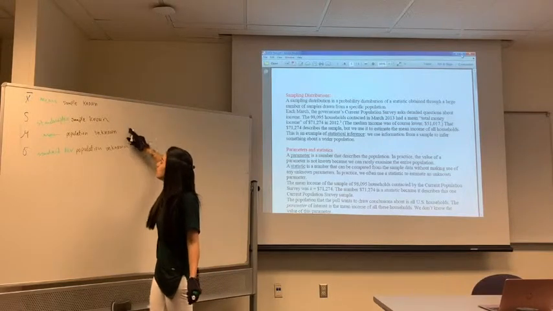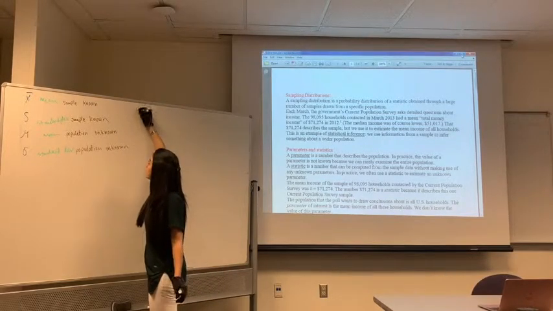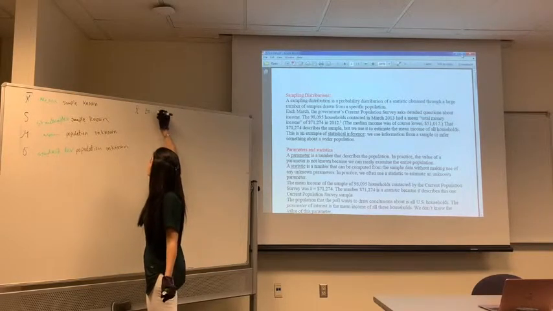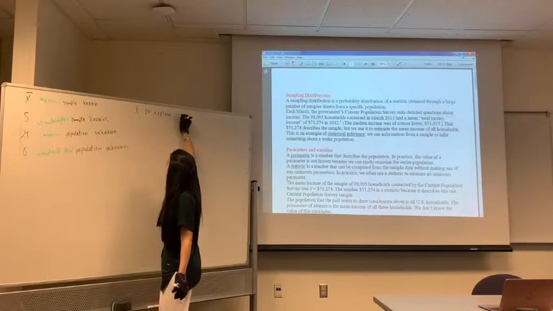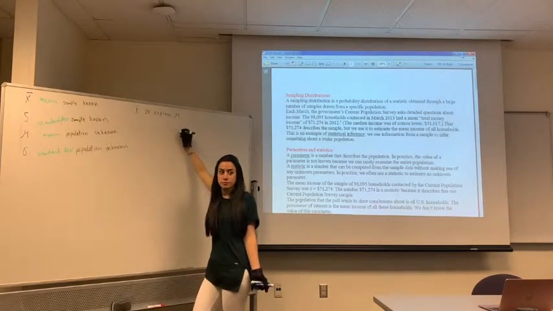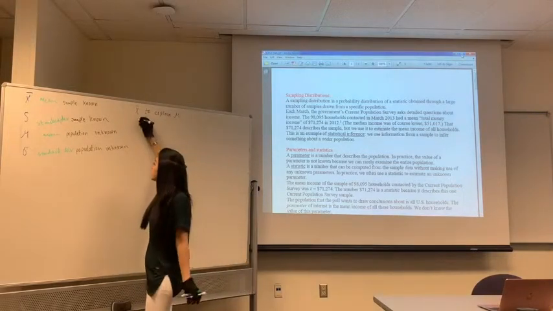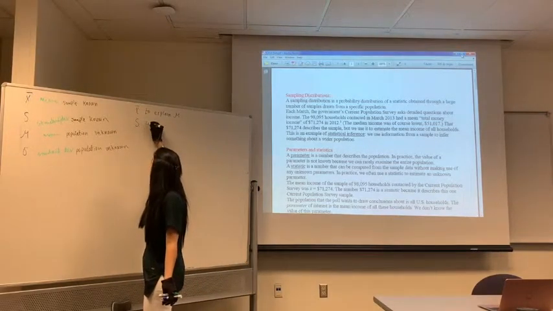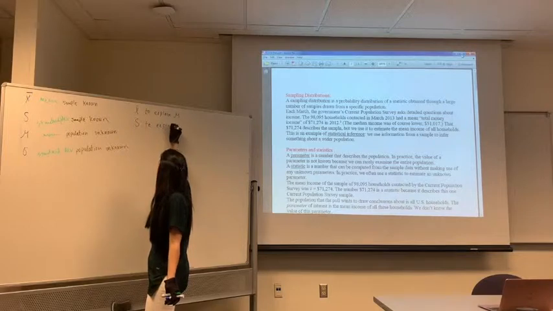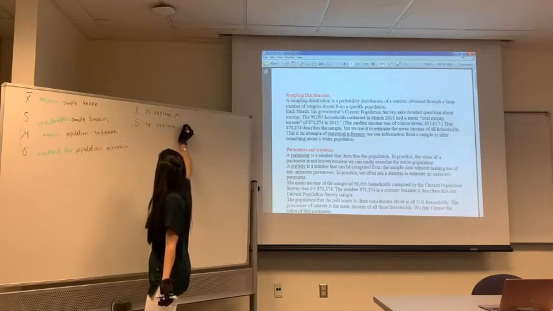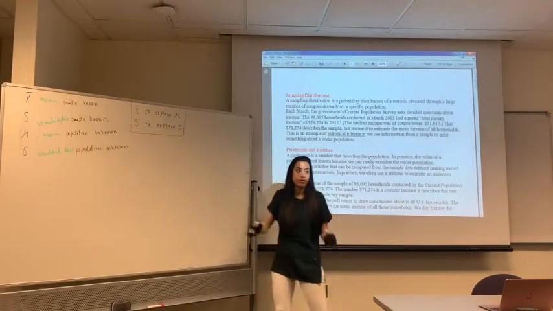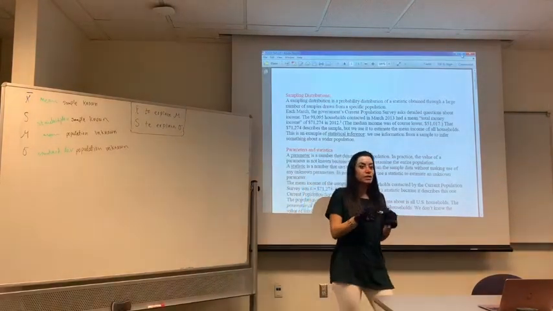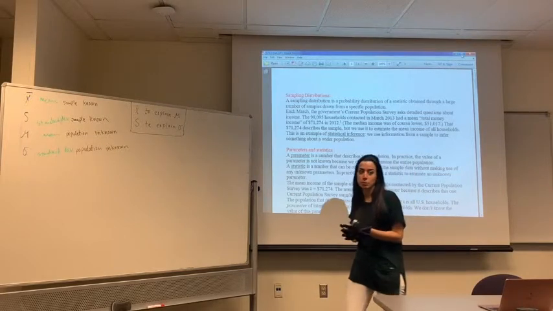So for example, we need X bar to explain mu. We need, for example, S to explain sigma. This is statistical inference. We use some information from the sample to explain our population.